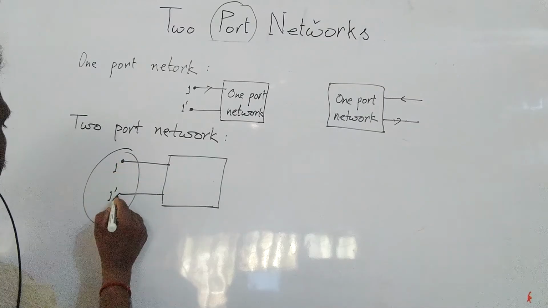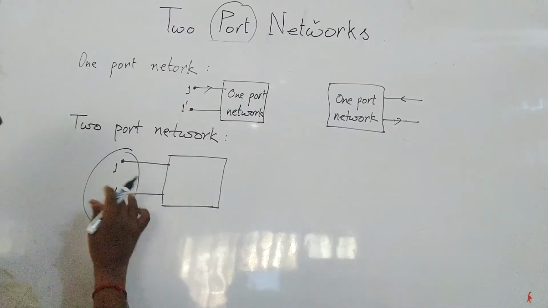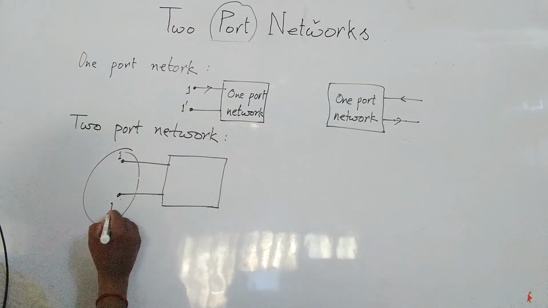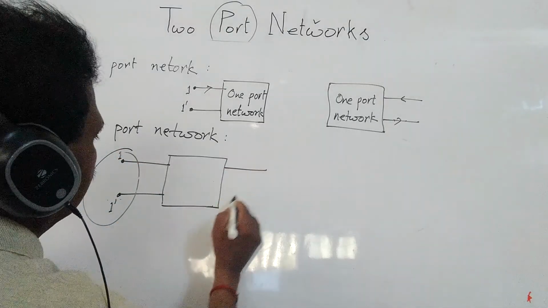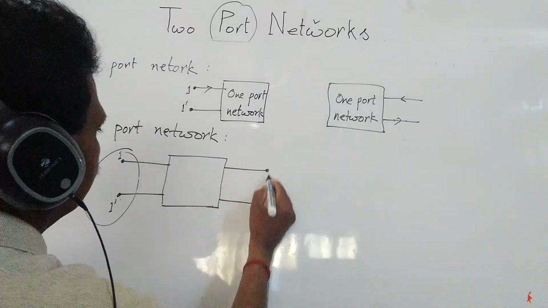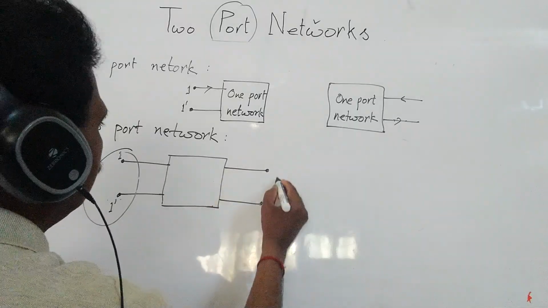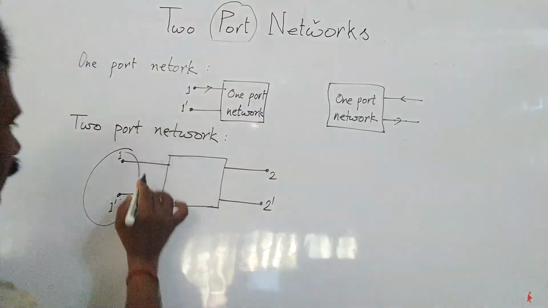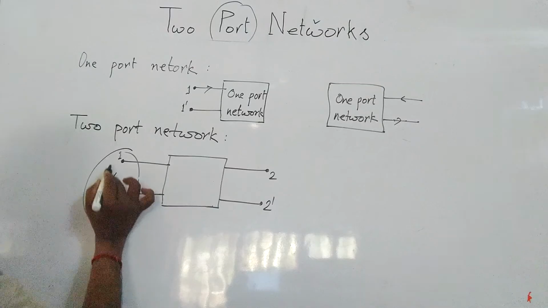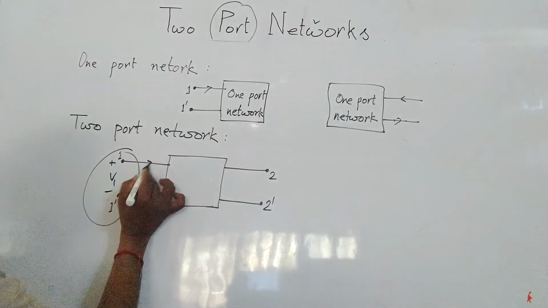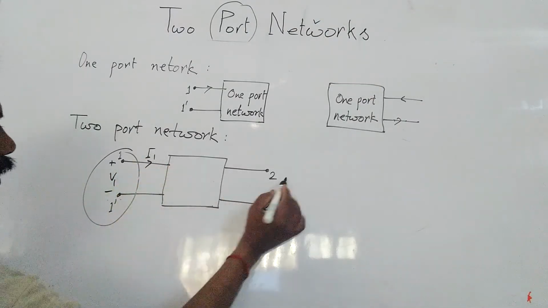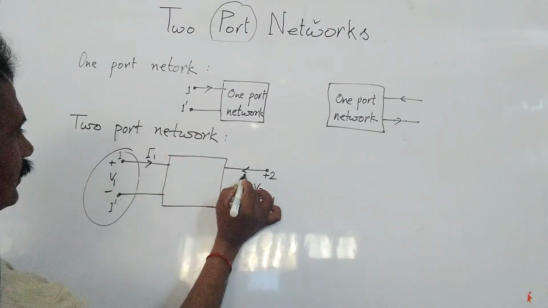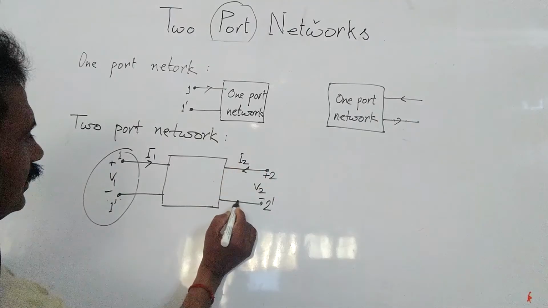It means two terminals. Write down like this, port 1, and here this is the other port, port number 2. Let us say this is the voltage source V1, and from here a current I1 is entering, and this one is V2, and here the current I2 is leaving.